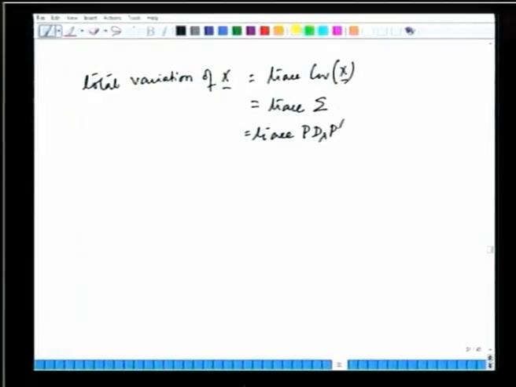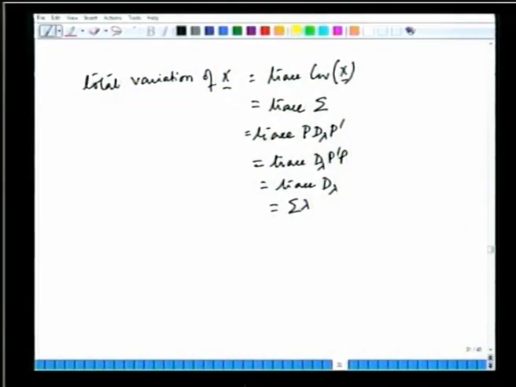I am again using the spectral decomposition of sigma, and the fact that trace of AB is trace of BA. So, this is nothing but trace of D lambda P prime P. Now, P prime P being an identity matrix, I have to consider only trace of D lambda, which is again equal to the sum of lambda i, i from 1 to p, giving me the proof of the first property, that total variation of y is in fact equal to total variation of x.